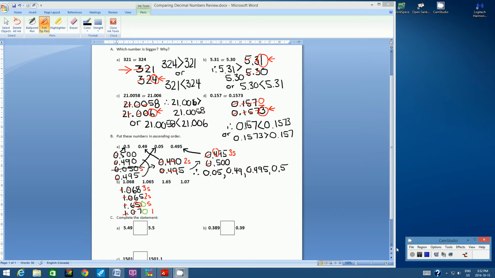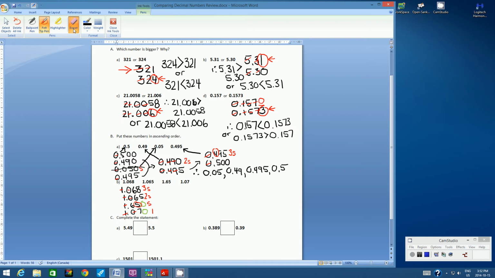Okay, so I think I figured out the answer to question B. So we have the smallest number is, oops, I made a mistake. So let me correct this. The smallest number is 1.065.